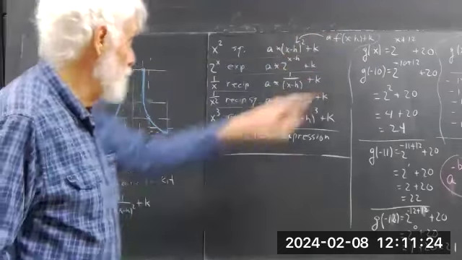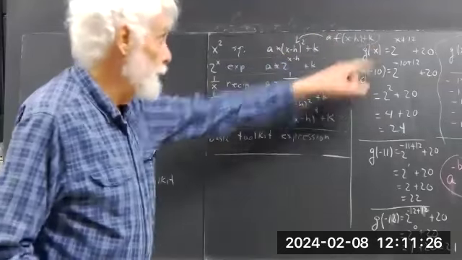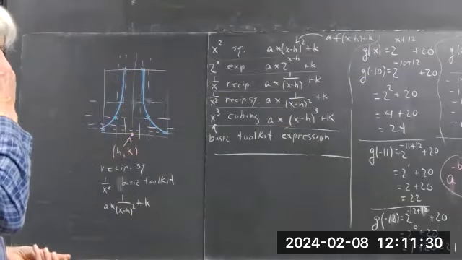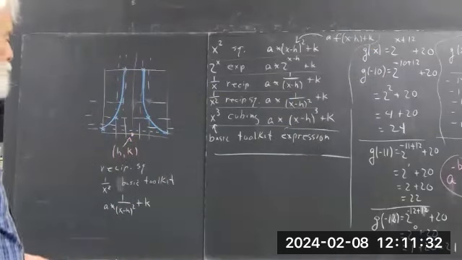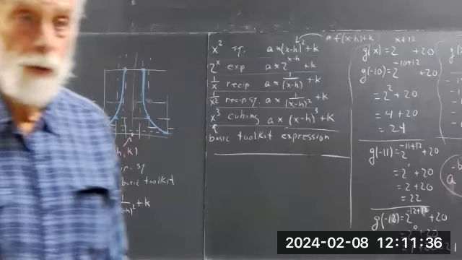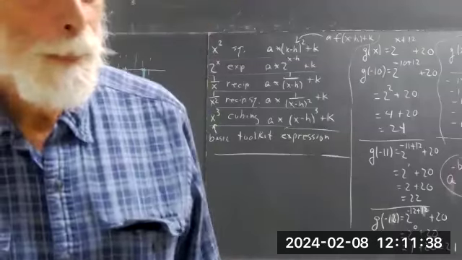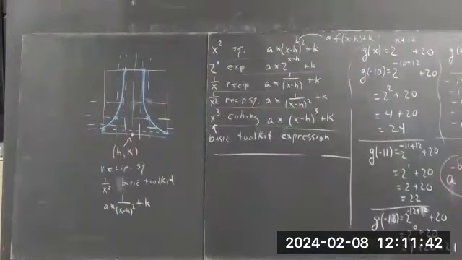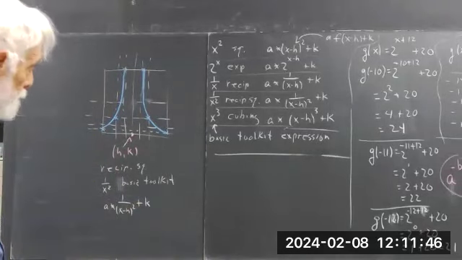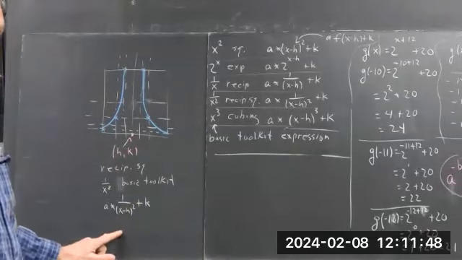And then a times that, and plus k. That's all there is to it. So there's the function. If I ask you, as I would on the fourth problem, to construct one of these functions, I'll specify which one, maybe it's a reciprocal square, then you would construct it, or maybe I don't even ask you to construct it, I just ask you for what the equation is.